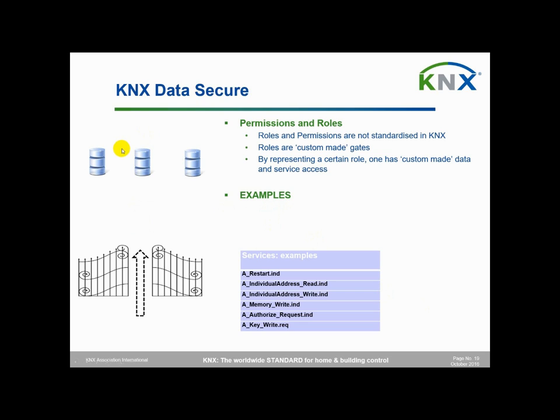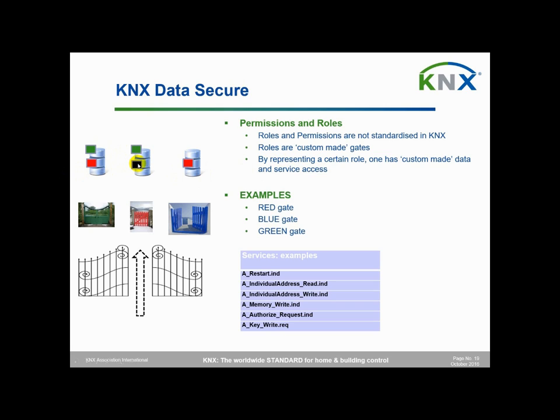We see here data and services represented by these cylinders, and with a red gate, for example, we only have access to this specific part of the data and the services, and with a blue gate we only have access to the blue specific part, and with green yet another gate is defined. So that is the global overview of what we try to do with permissions and roles.